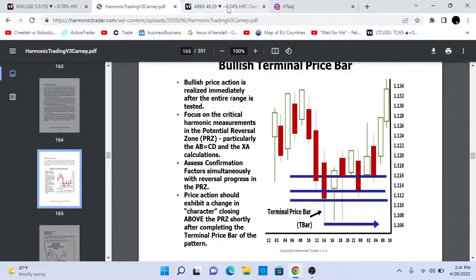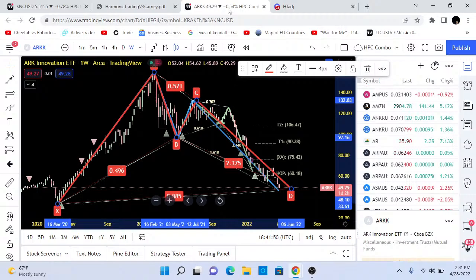So if we look at ARK and we see that, well, we've got the crab pattern, but we also have this bigger bat pattern. All of that combines to define the larger zone. As low as this 49 level, 48 level, that's your terminal bar on the weekly.